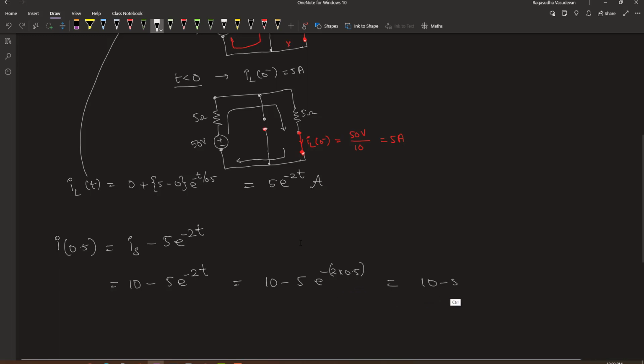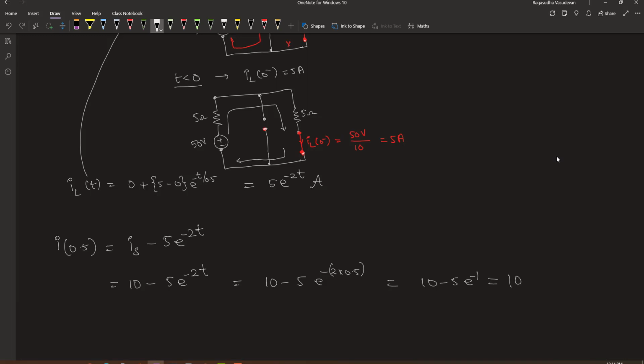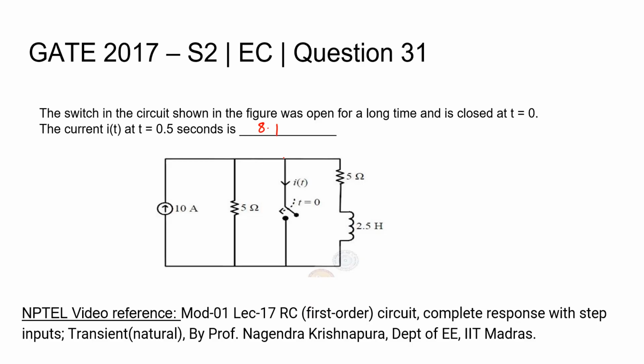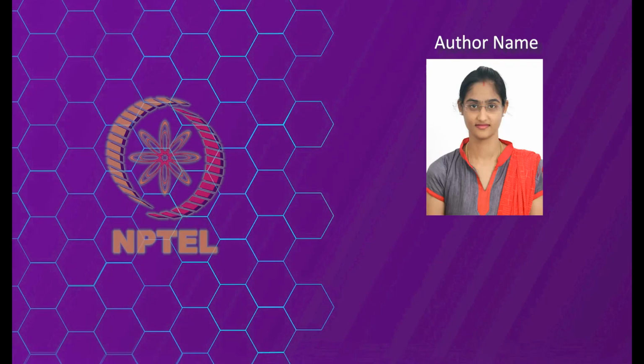This is 10 minus 5 e to the power minus 1. So this comes to 10 minus 1.839, which is approximately equal to 8.16 ampere.